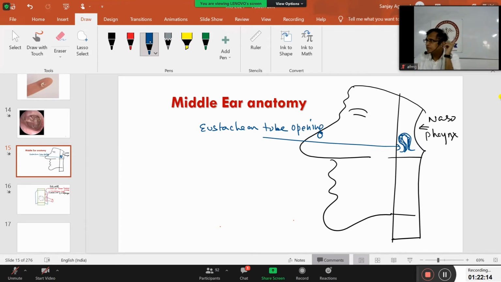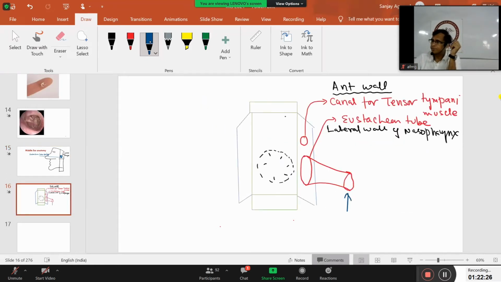One end is in the middle ear, the other end is here, behind the nose, you can remember. And this end has a muscle attached here. Which muscle? The muscle is called tensor veli palatini.